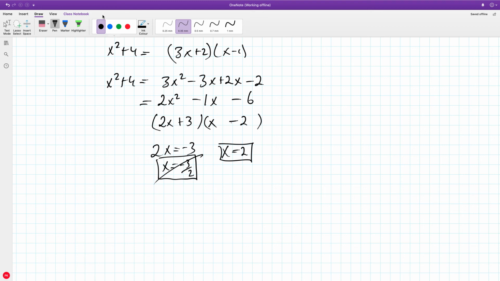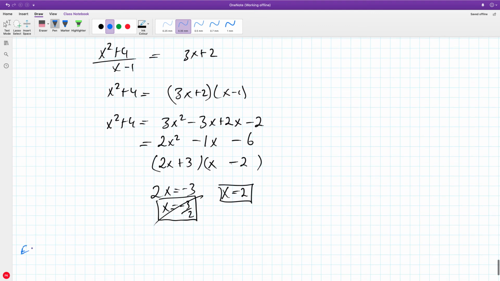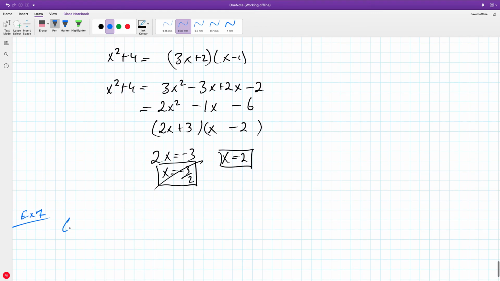Right, last sum of the day, guys. Have a go at this for me. This example is 7. The log of x plus 2 to the base 2 plus the log of x minus 2 to the base 2 is equal to 5.